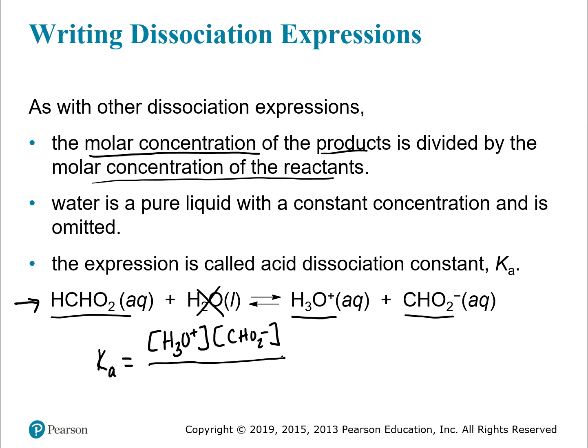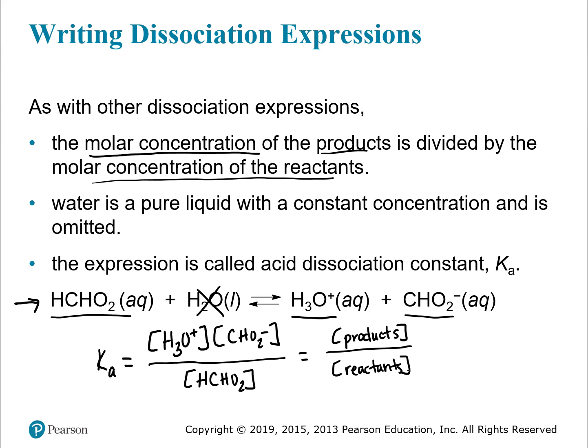Over, in this case, we only have one reactant, and that's the formic acid itself. So that's always going to be the generic form, products over reactants. And in those little brackets, that means that we want the molar concentration.